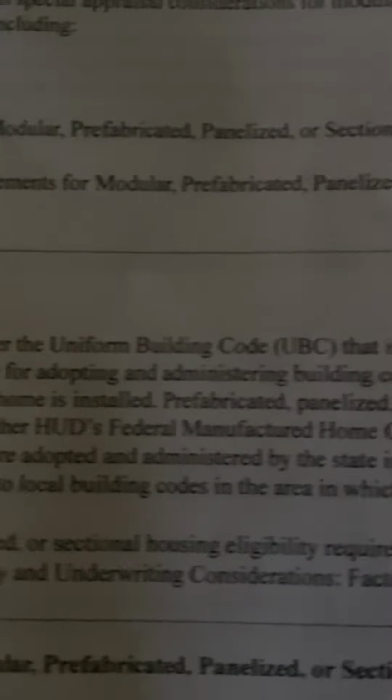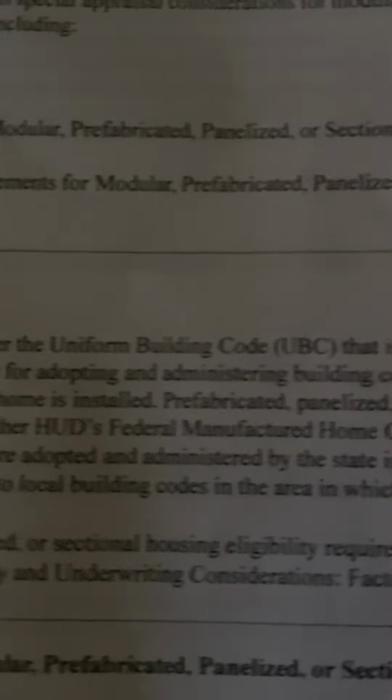The home must conform to local building codes in the area in which it will be installed. For modular, prefabricated, panelized, or sectional housing eligibility requirements, CB 2-3-02, Special Property Eligibility and Underwriting Considerations, Factory Built Housing.